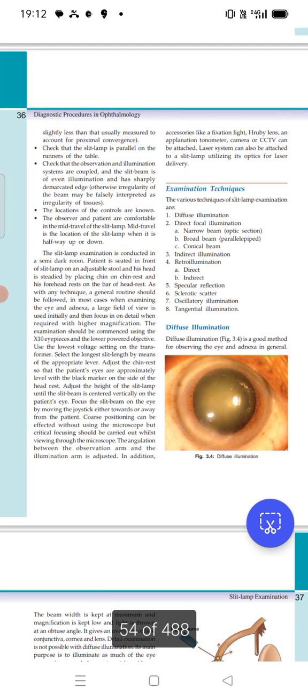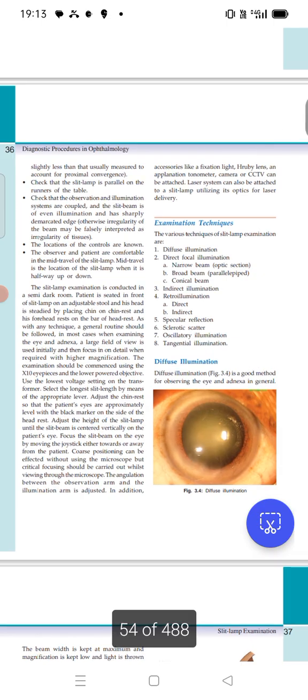Now let's go through a quick review of the examination techniques. That's a very important thing. There are various types of slit lamp examination techniques. Diffuse illumination, you all know. With it we basically take a quick look at the ocular adnexa and all the surfaces.